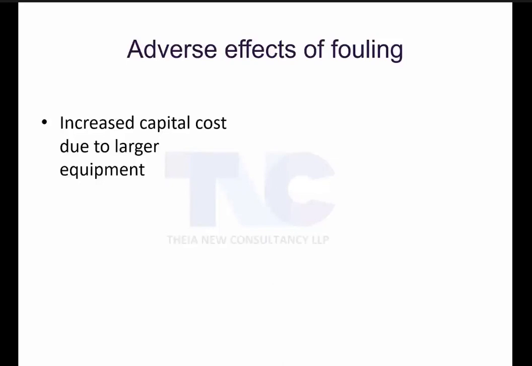After one year it will become 10, so before that I will take the exchanger, clean it and bring it back. This is one of the important things: when you have fouling, you may have to increase the capital cost because of larger equipment, to compensate for that area.